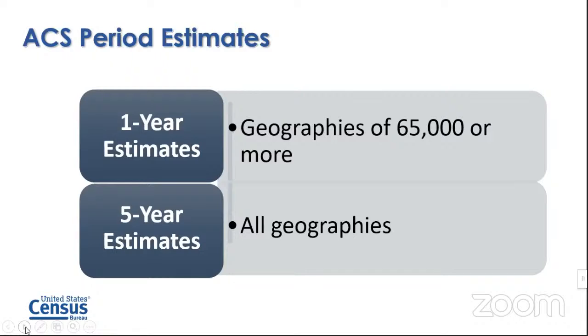Okay, big difference in the two, and something to keep in mind because our data tool always brings back the most current data set, and that is usually the 1 year. Okay, and so we have to change that data product if our geography is below that. And I'll show you when I do the demo of the little pitfalls that we all make.